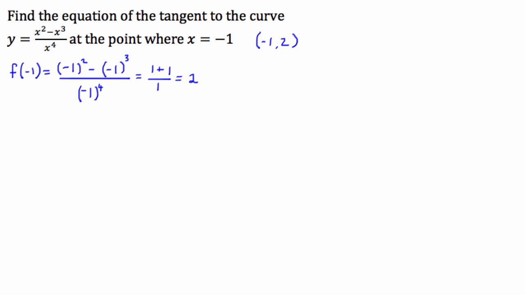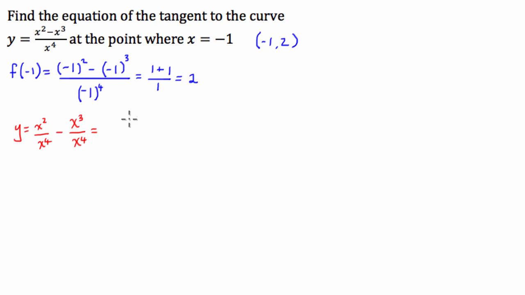Okay, so what we're going to do now is we're going to rearrange this equation so it's a little bit easier to differentiate. So we're going to have y is equal to x squared over x to the power of 4 minus x cubed over x to the power of 4.